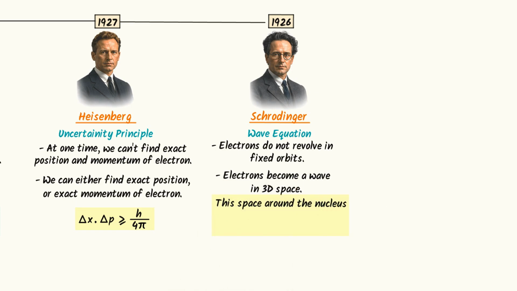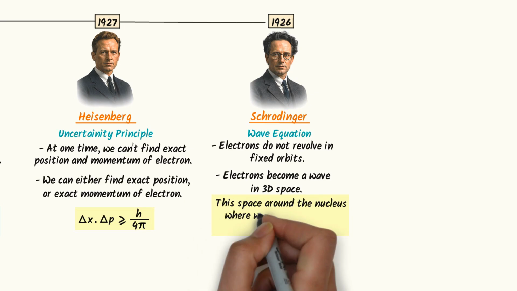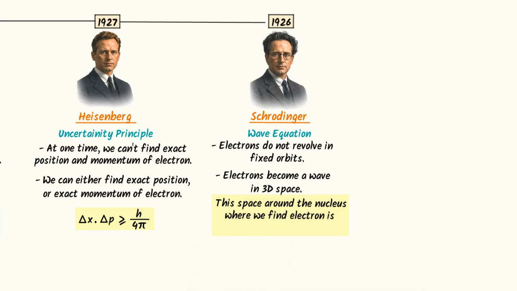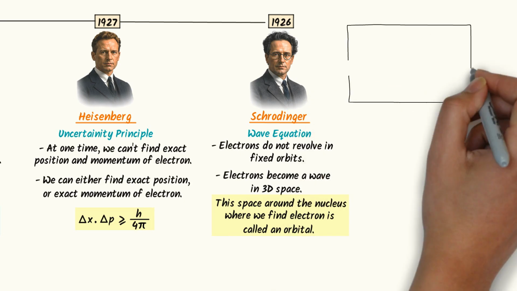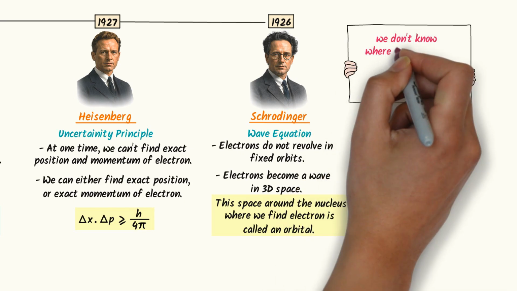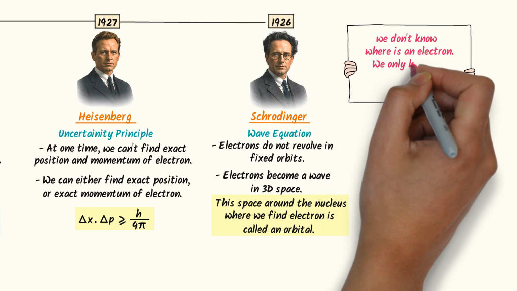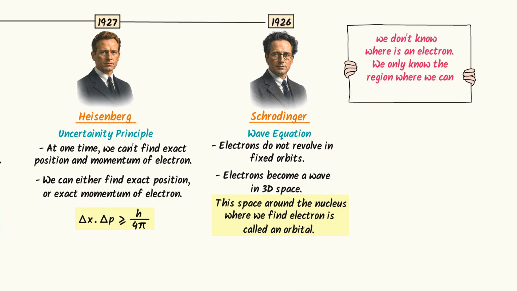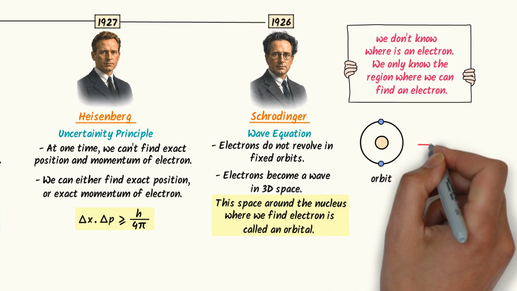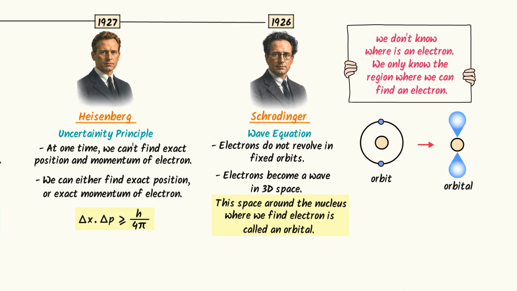This space, a region around the nucleus where we can find an electron, is called orbital. It means that Schrödinger Baba says we do not know where an electron is. We only know the area where we can probably find an electron. Thus Schrödinger Baba replaced the orbits of Bohr with orbitals.